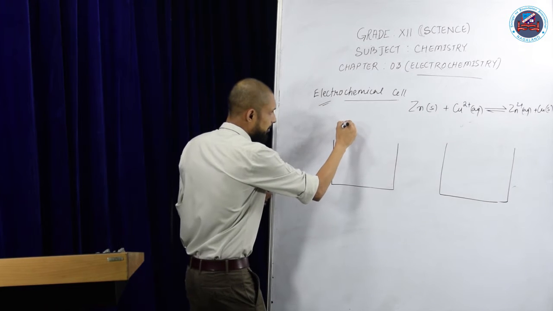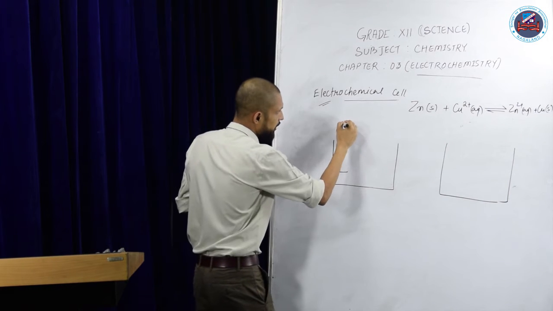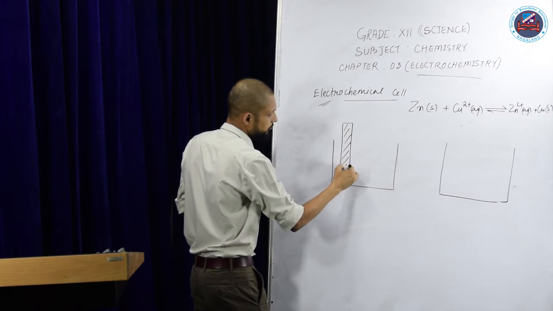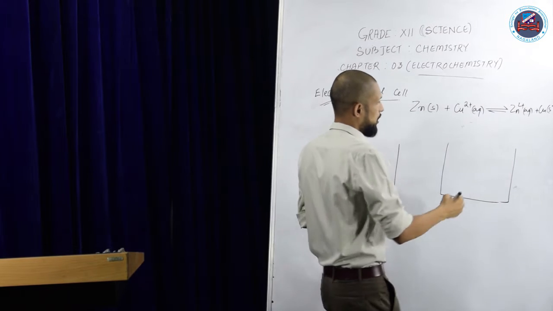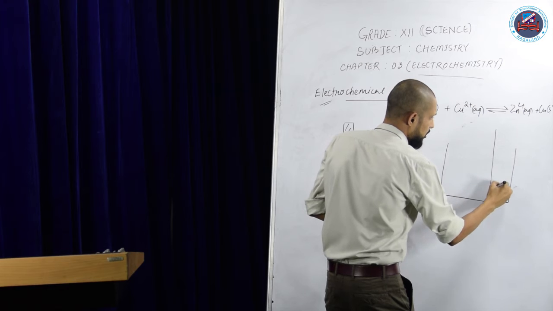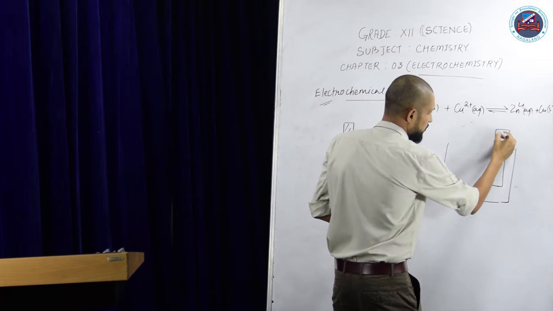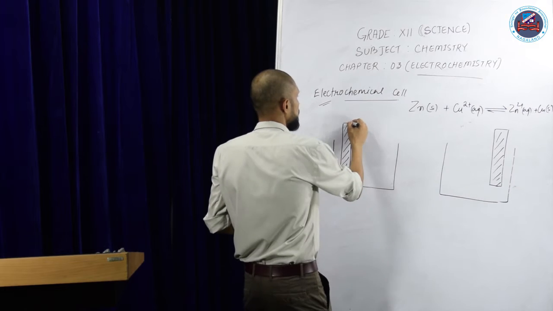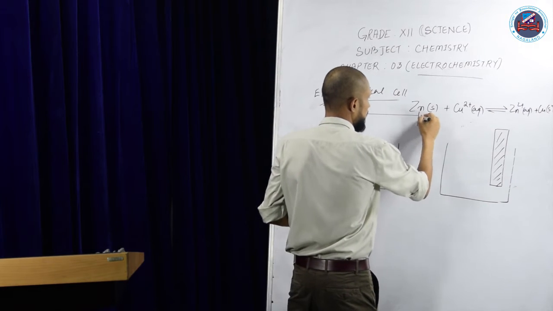In this electrochemical cell, we'll take zinc electrode. And here, we'll take copper electrode. And it is connected to a battery.